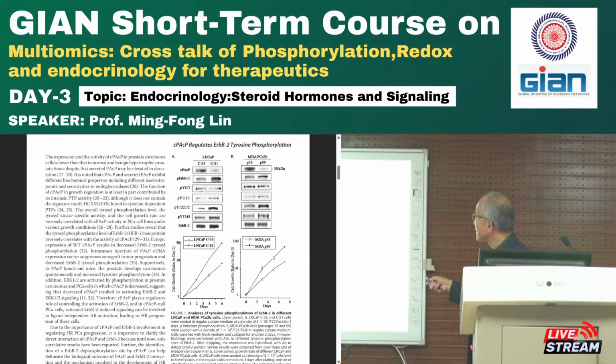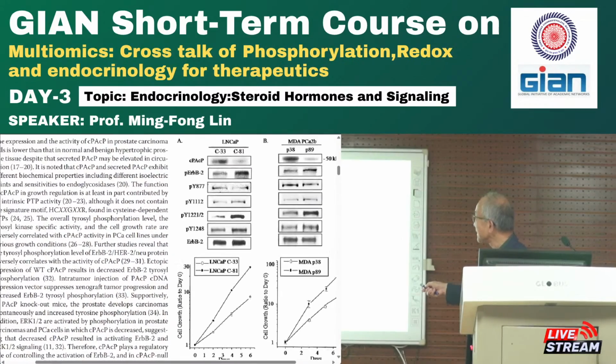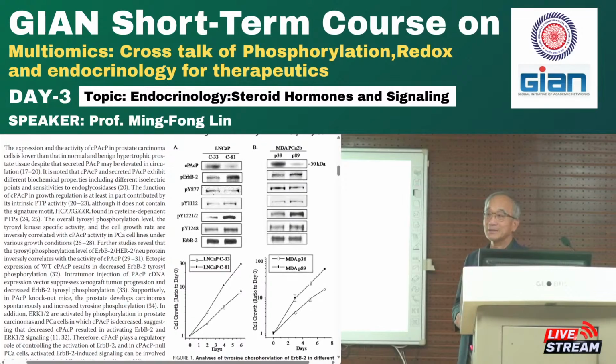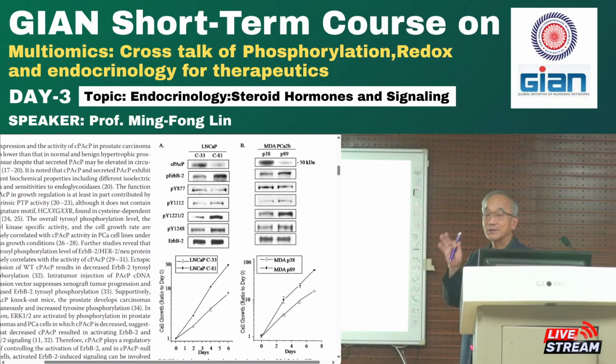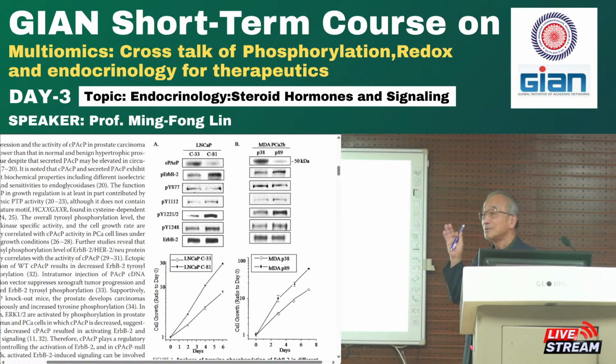Say the LNCaP cell lost the PAP, as I told you already. Then the ERB2 phosphorylation goes up, essentially at tyrosine 1221 and 1222, but not the other sites. So very specifically, tyrosine 1221 and 1222 inversely correlate with the PAP activity. Not only in the LNCaP cell, but also in the MDA cell.